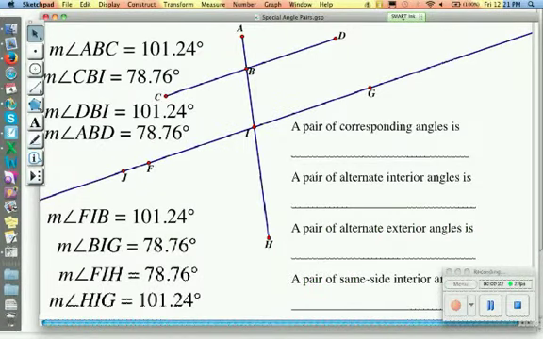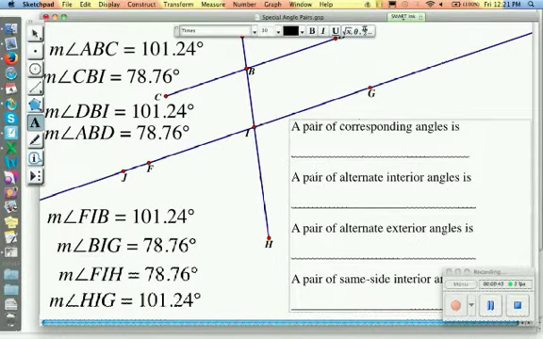In this diagram on the screen, I have parallel lines being cut by a transversal. And for the purpose of good practice, can someone please name for me a pair of corresponding angles in this diagram?